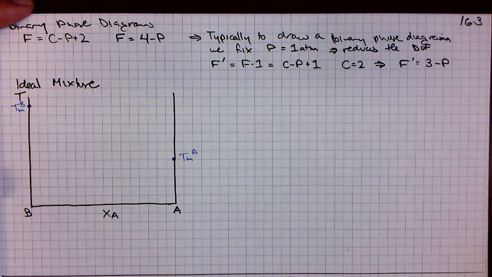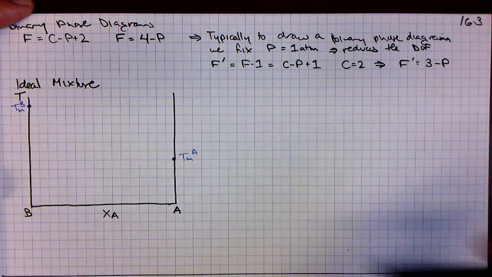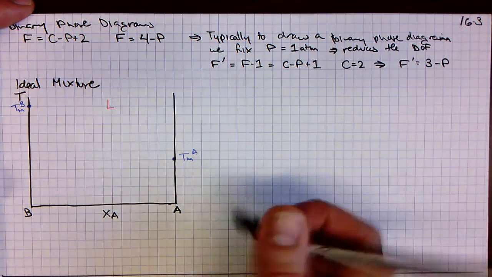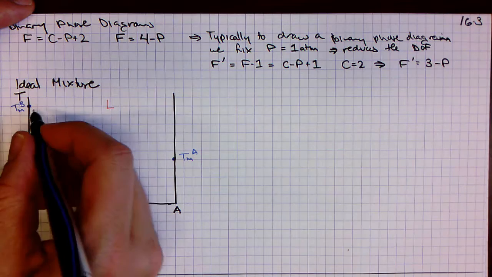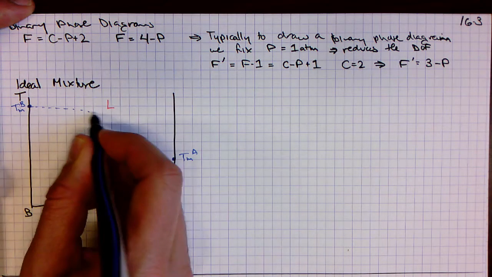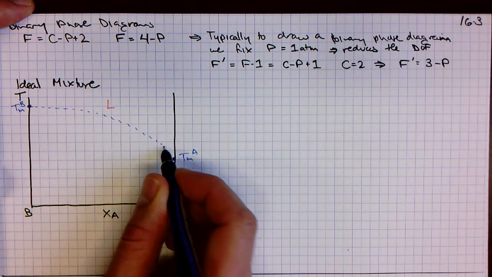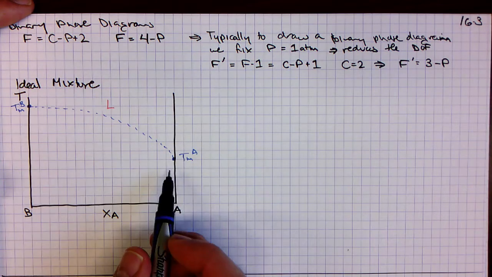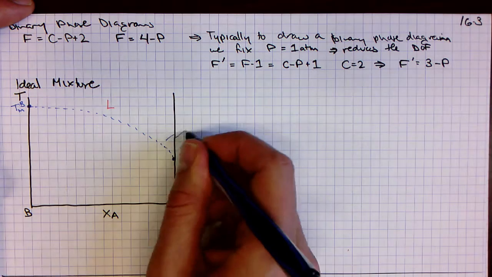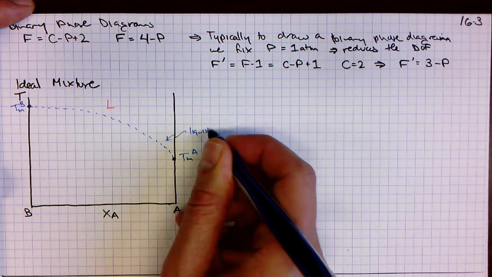And that way above this, the system is entirely liquid, and then we have a liquidus line that describes at what temperature we start forming solid at various compositions. So this is, we said, our liquidus.